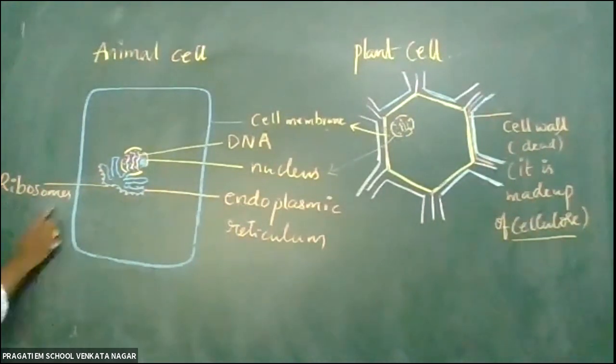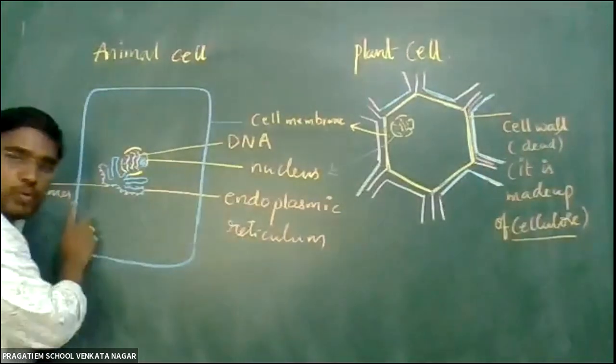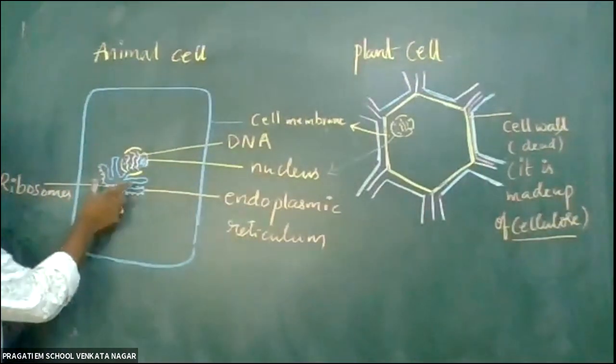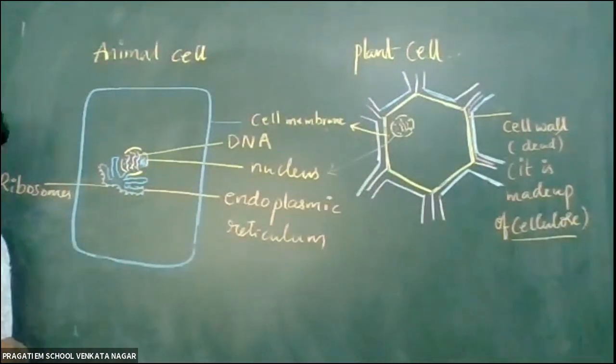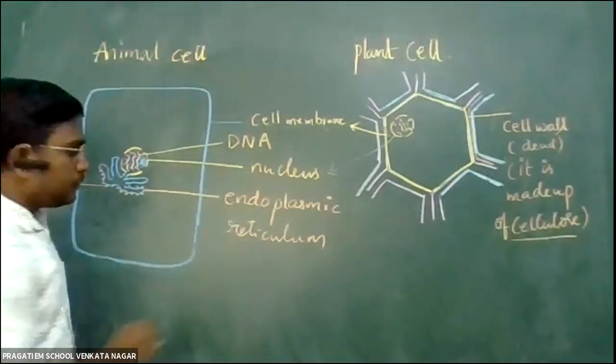So based on the attachment of the ribosomes, this endoplasmic reticulum is divided into two types.